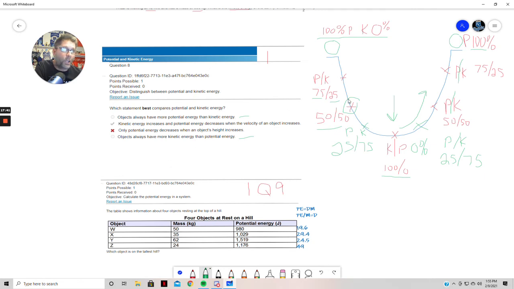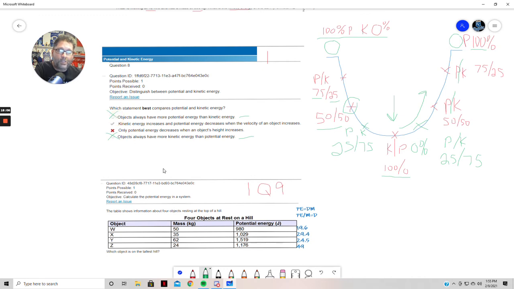So it doesn't have more or less just because of the object it has. Like a bowling ball doesn't have more potential or kinetic energy than another object simply because of what the object is. The ratio and the percentages work out the same for every type of object. So those we can already throw out. So we'll toss that and we'll toss that. Now we're down to the last two.